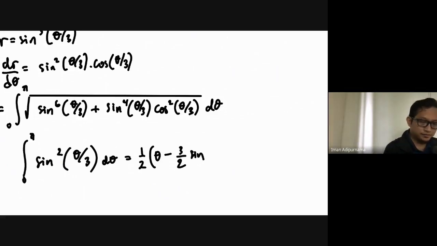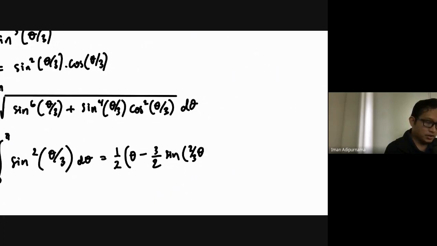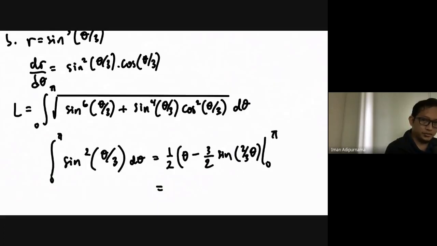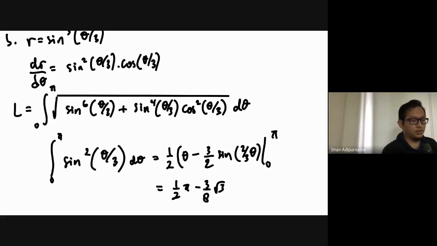let me write the solution for the integration. 3 over 2 sine 2 over 3 theta from 0 to pi. And this, if you want to calculate, it's not too bad, right?